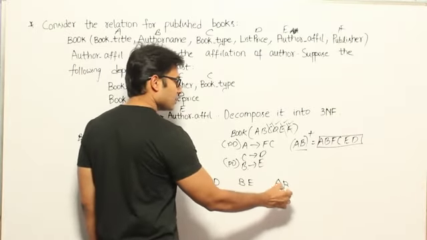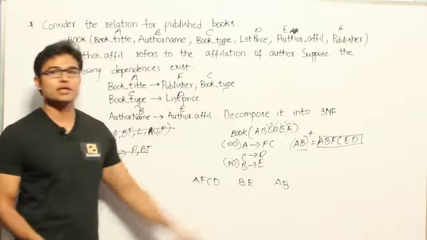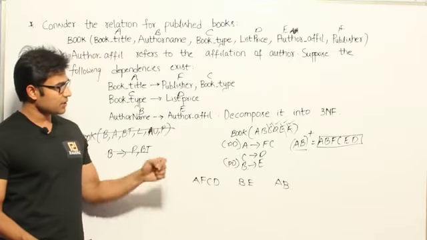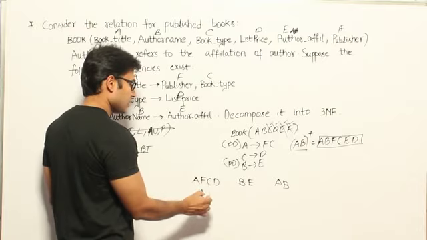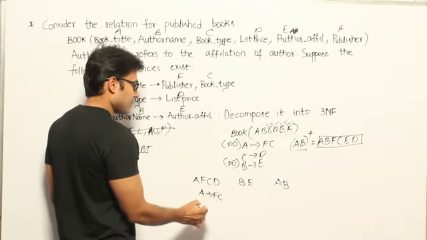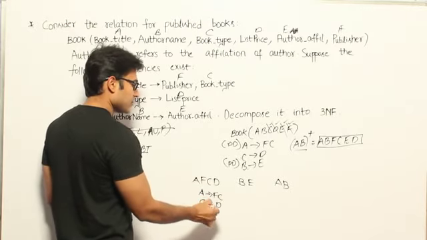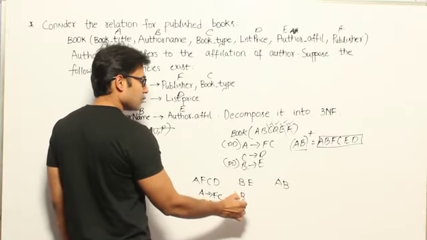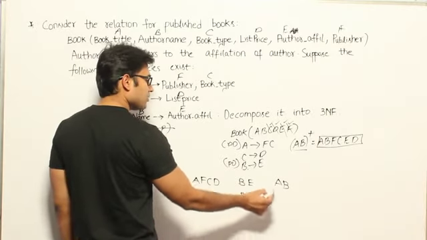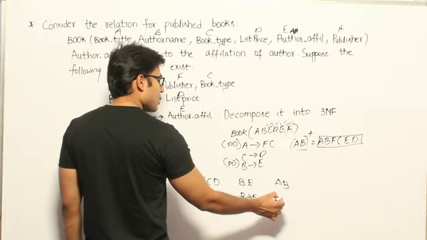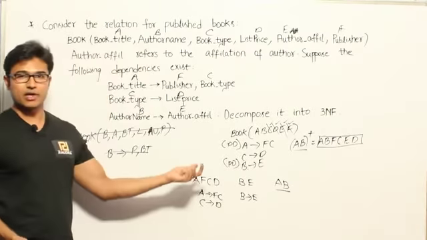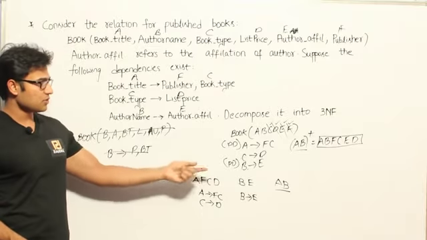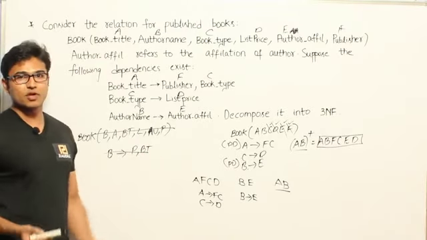So now we are going to get three tables, 1, 2, 3. And what are the functional dependencies applicable on each one? On the first one we are going to get A determines FC and C determines D. On the second one we are going to get B determines E. On the third one, that is the actual combination that we had kept, the table we just formed, in order to merge them losslessly.